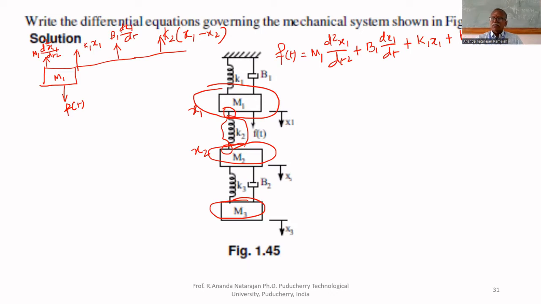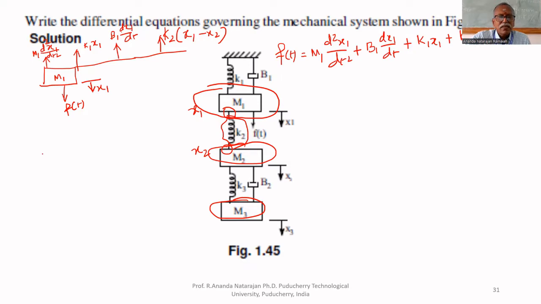The first equation is over. Why did we write F of t on one side and all the reaction forces on the other side? They are in opposite directions. F of t is downward, and all the reaction forces are definitely upward. The displacement in this mass is x1.